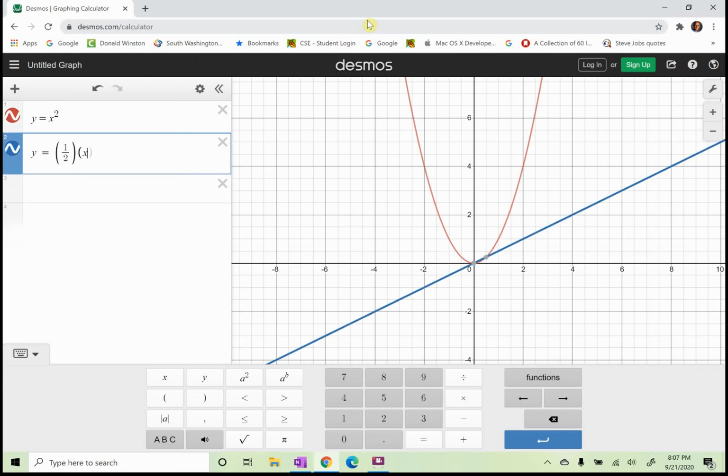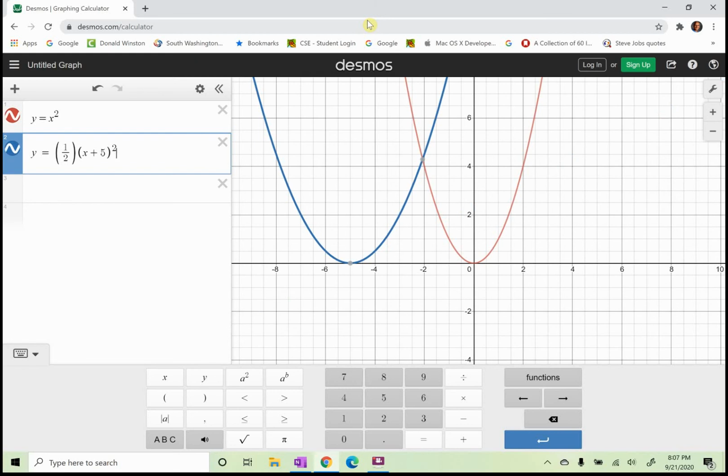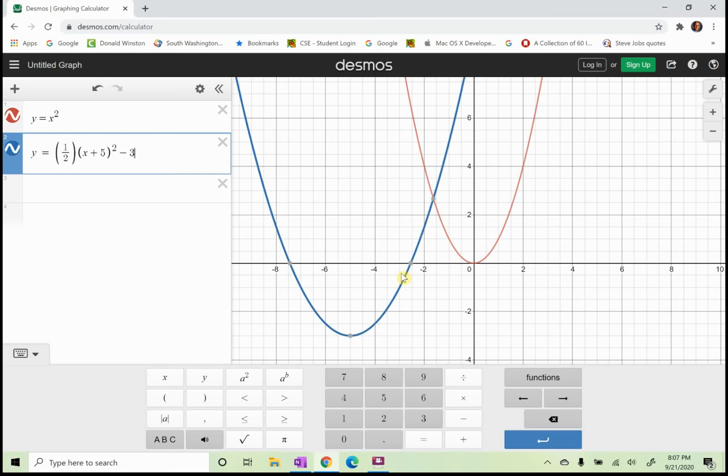So x plus 5, left 5, x minus negative 5. And then we'll raise that to the 2. And when I do my square, I use my caret key, and I'll show you what the caret key is in just a minute. I don't use what's in the keyboard down there. I do the shortcut. And then minus 3.